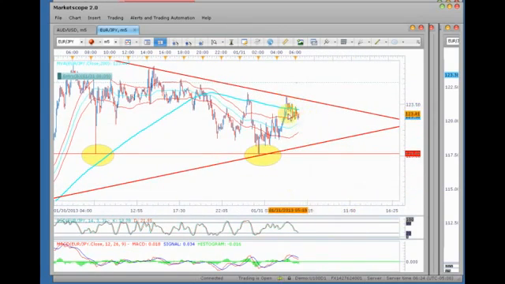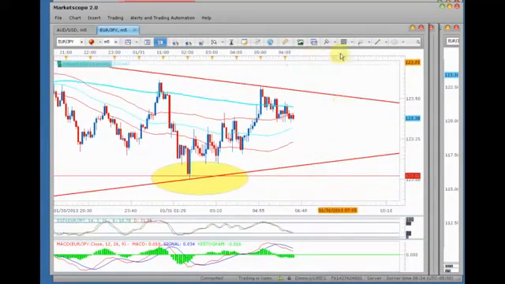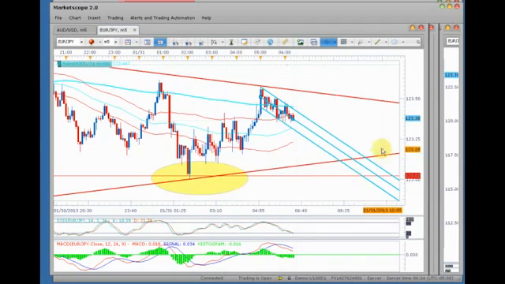Okay. Again, I've got this little flag here. If you go to the Andrews Pitchfork deal, there's these channels there, and I'll just stick that in there. And so you've got this, looks like a bull flag to me, with a flagpole.